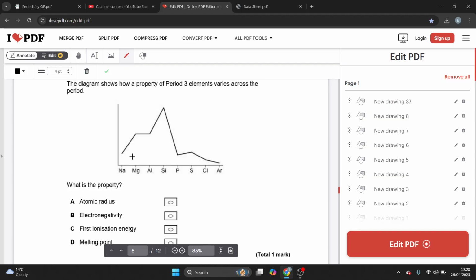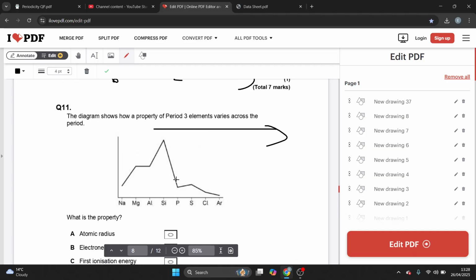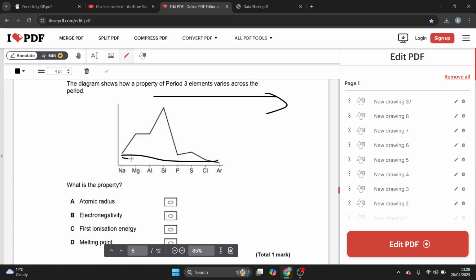I know atomic radius decreases, right? Consistently, the atomic radius decreases. I know the electronegativity increases. I know the first ionization energy consistently increases.